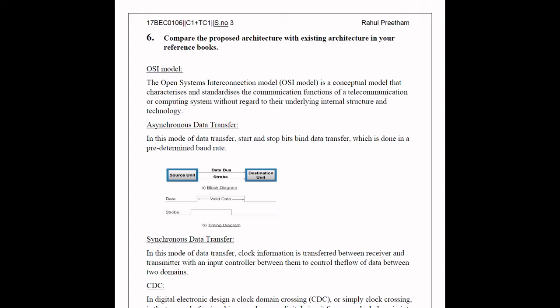Now let us see how asynchronous data transfer takes place. In this mode, start and stop bits bind the data transfer, which is done at a predetermined baud rate. We can see how the information is transferred between the source unit and the destination unit.